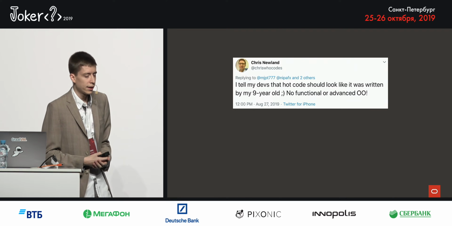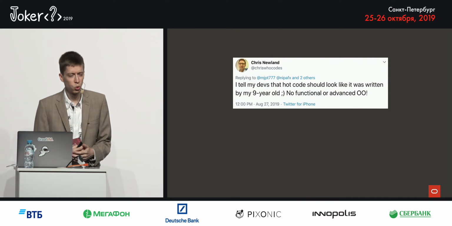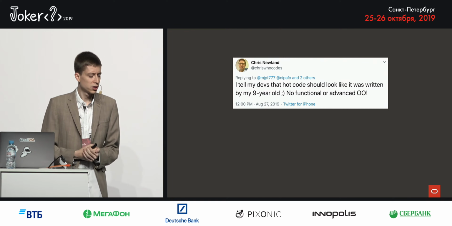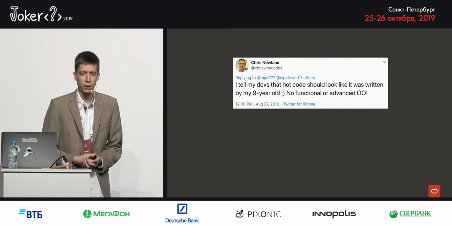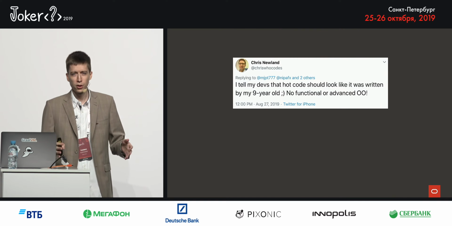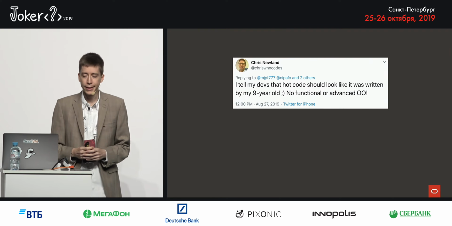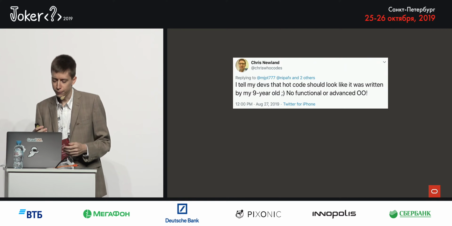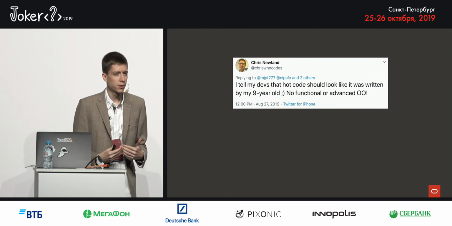At the end of this exchange, we were discussing how you write code that has to perform fast. And his answer was, well, I tell my developers that hot code should look like it was written by my 9-year-old. No functional programming, no advanced object orientation, just very simple things. And this type of statement is probably true if you do not have a very good compiler and runtime underneath.